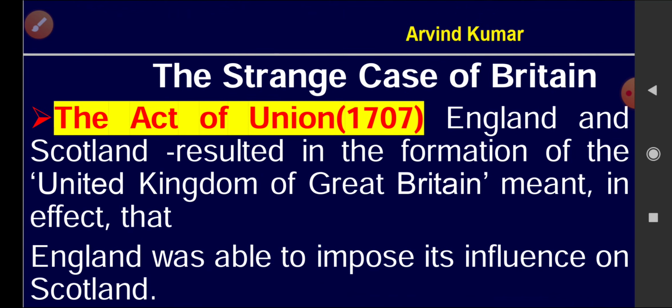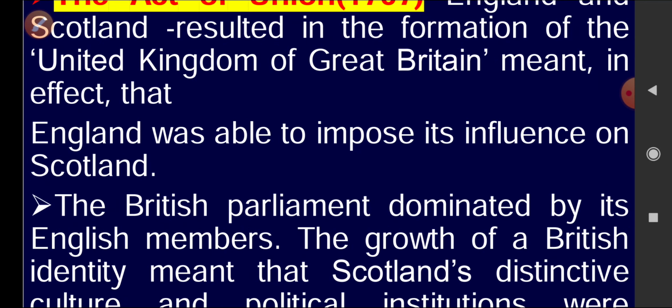But in 1707 an Act of Union was signed between England and Scotland. By this Act of Union, England imposed its influence on Scottish people. Many restrictions were imposed on the people of Scotland. Meanwhile, the English language was compulsorily imposed on them.